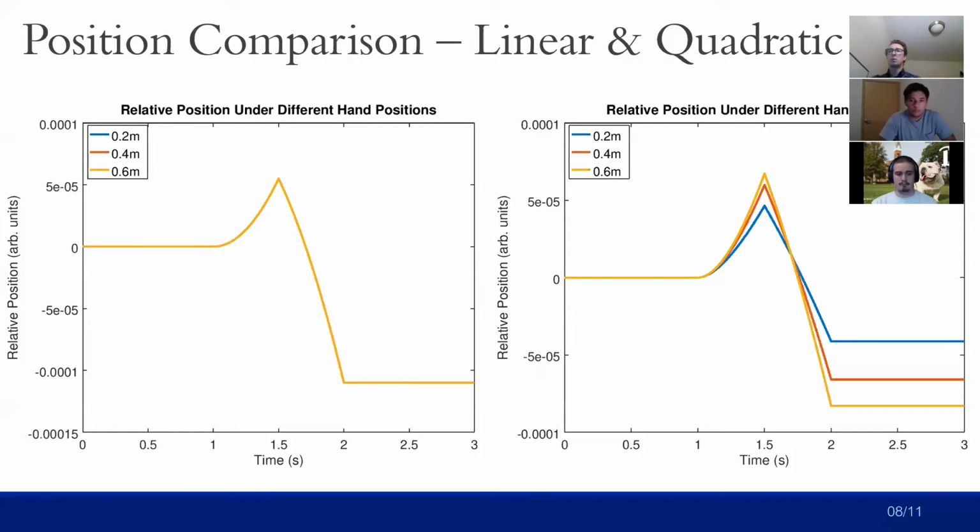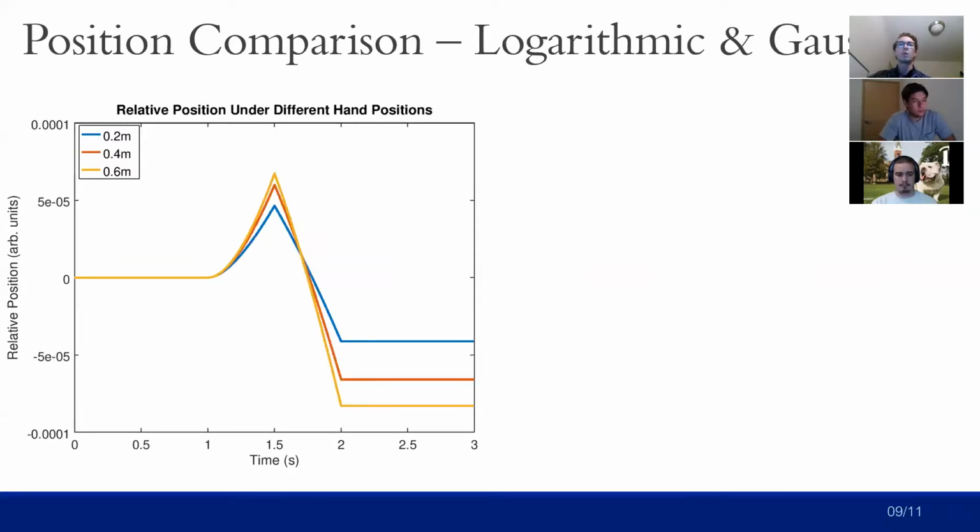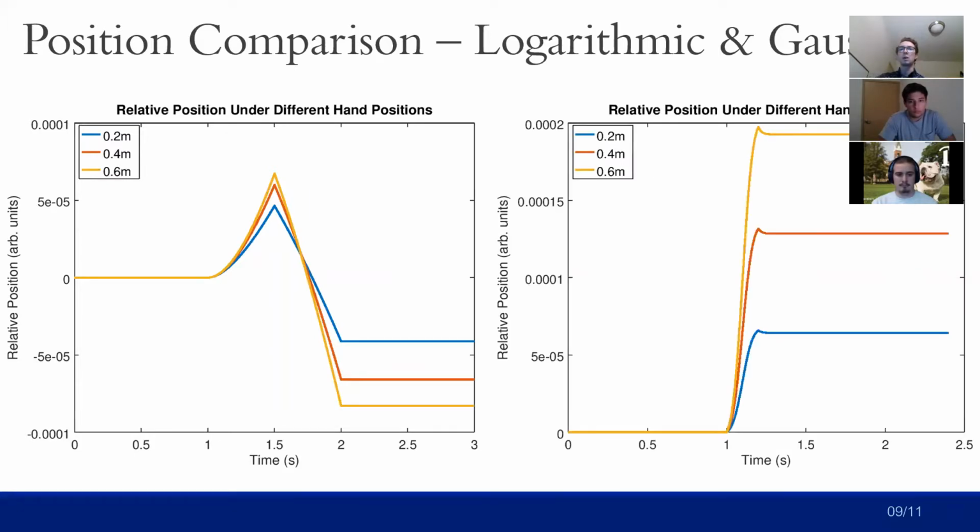For quadratic, we see a slight increase in our change here. For logarithmic, we also see a very slight increase on the left. And then for Gaussian, we see an increase. So clearly Gaussian is going to be the best way to look at this, which is also confirmed by our empirical data.